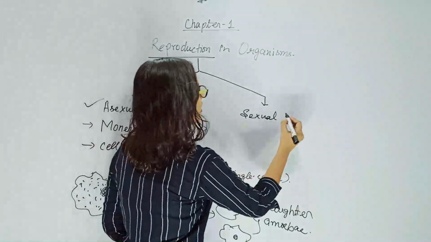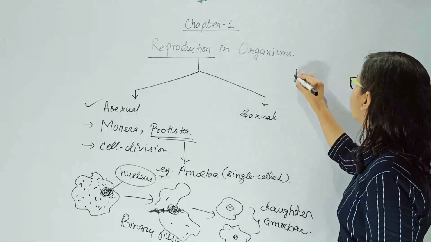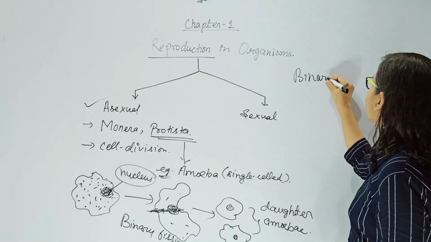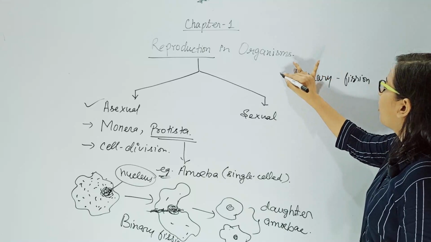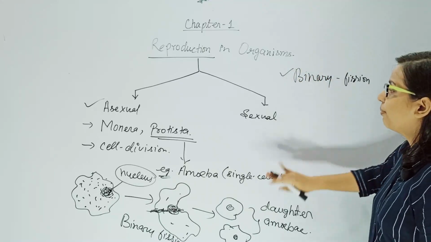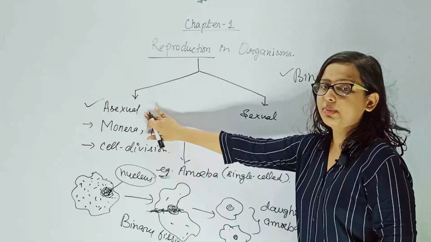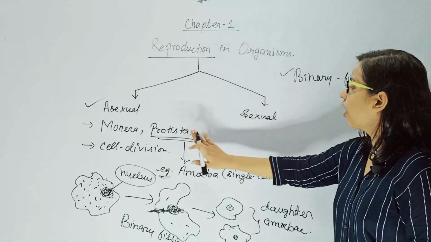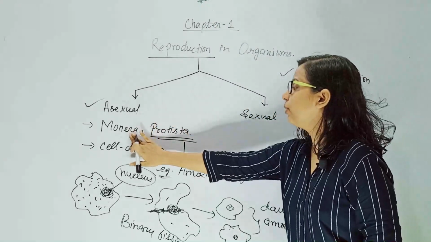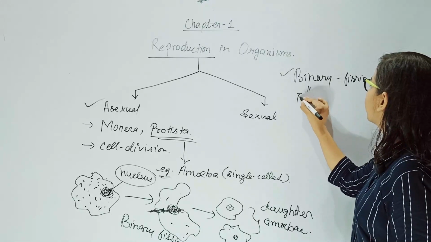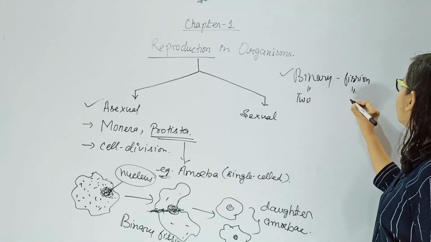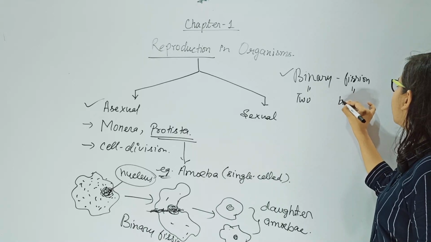So what is binary fission? Binary fission is an example of asexual reproduction in case of Protista and Monera. Binary means two, fission means breaking down.